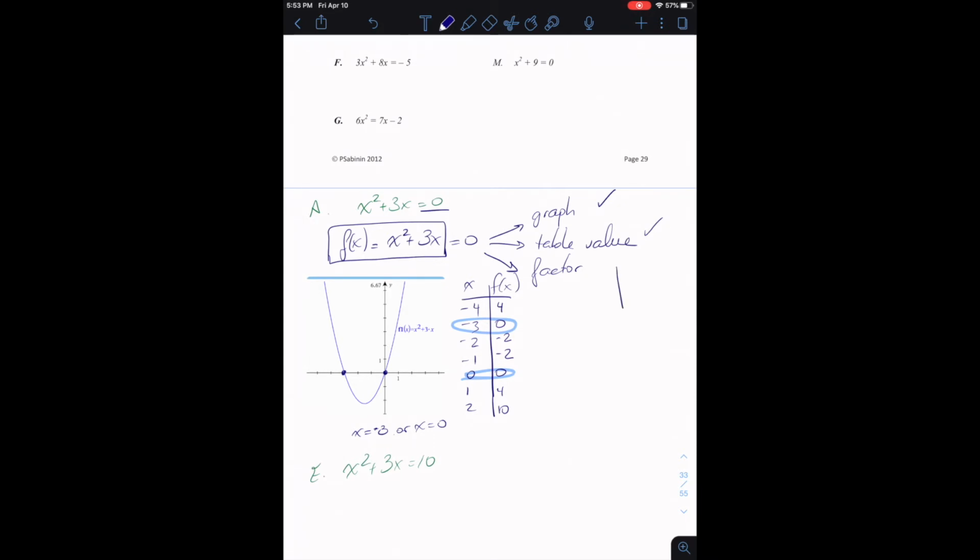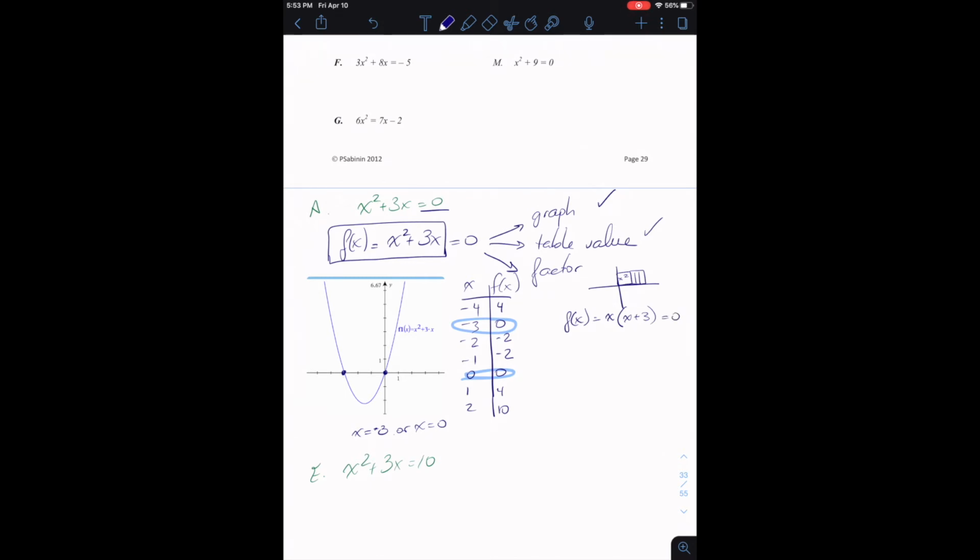If we're going to factor it, this is going to be as if we have algeblocks. I'm going to factor this as my x squared and 3x, and create a rectangle. The factors for this function are going to be x on the vertical and x plus 3 on the horizontal, equals 0.